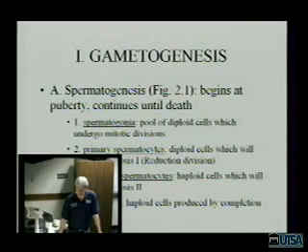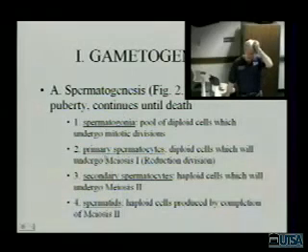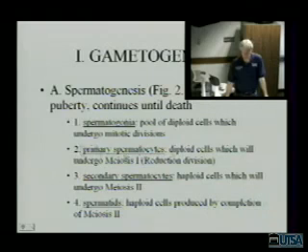So these are diploid cells, and of course they will undergo mitotic divisions to produce primary spermatocytes and then leave behind the spermatogonium as a reserve cell, such that more primary spermatocytes can be produced throughout the lifespan of the individual.